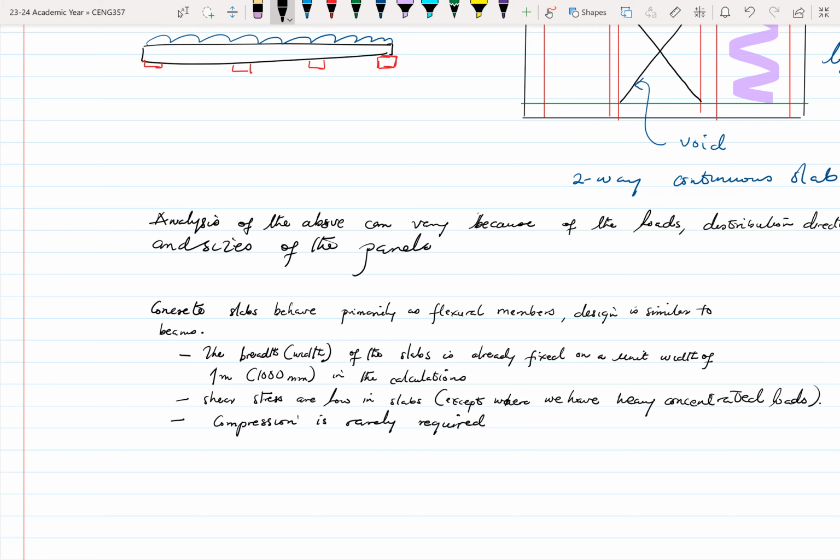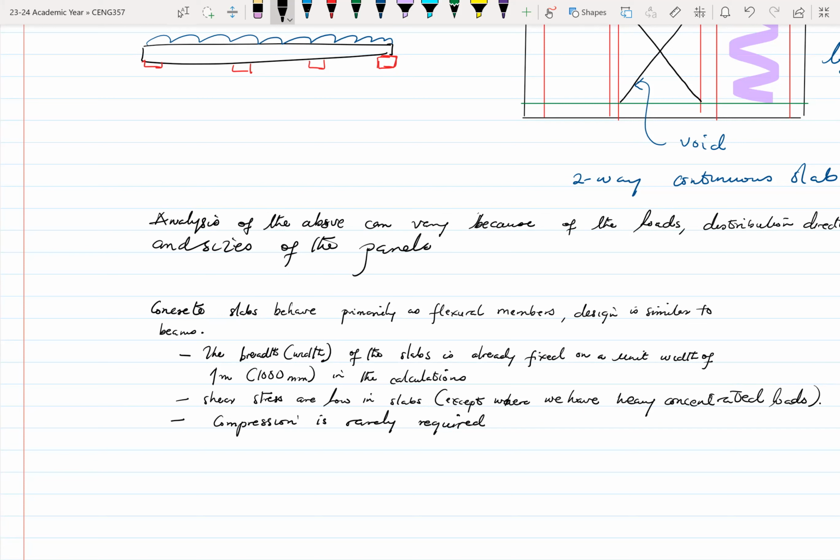An example could be a large piece of equipment sitting right on the slab. This large equipment will definitely provide a bit of high load concentration at that particular point. All right.